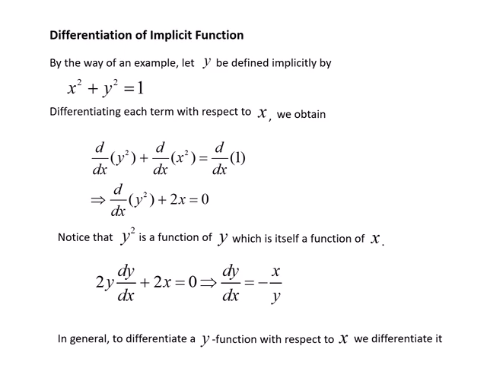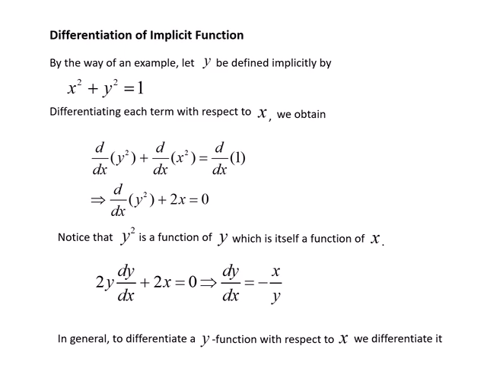That is, pick x squared, we differentiate it. Pick y squared, we differentiate it. And also the constant 1, we differentiate it. But this time around, with respect to x.